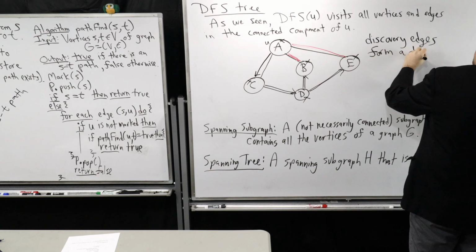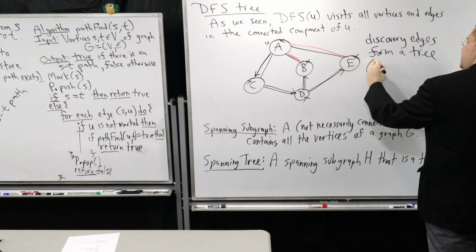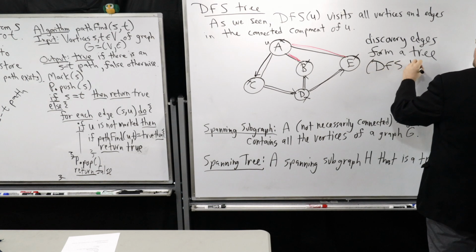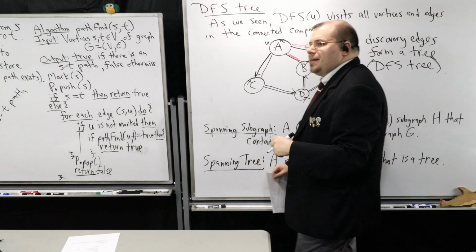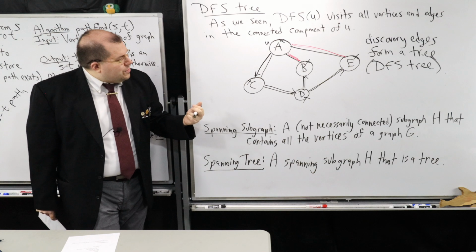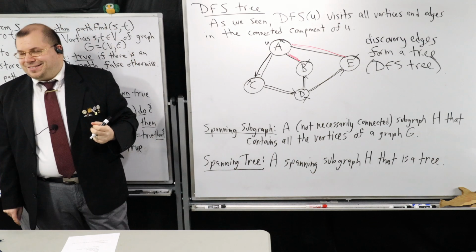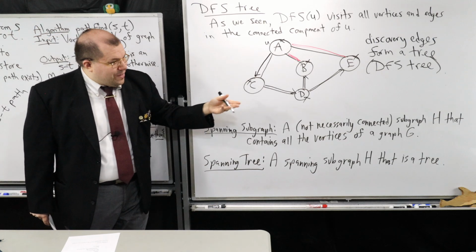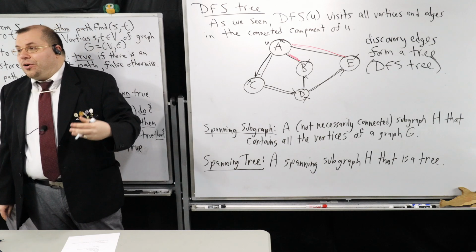And that's always true, by the way, if you use DFS. We call this a DFS tree. Now keep in mind, if I started DFS at any other vertex, I get a different tree possibly. But there's going to be a tree.